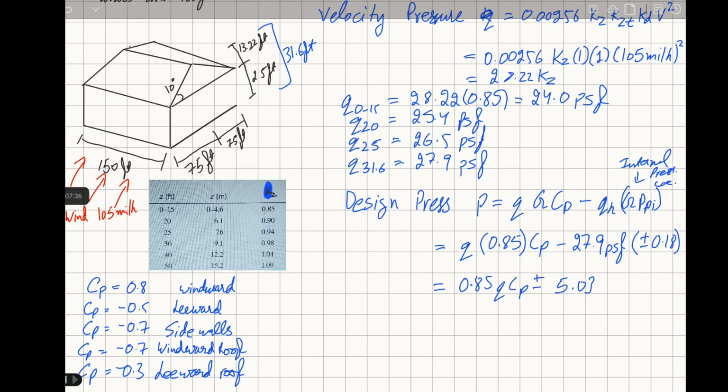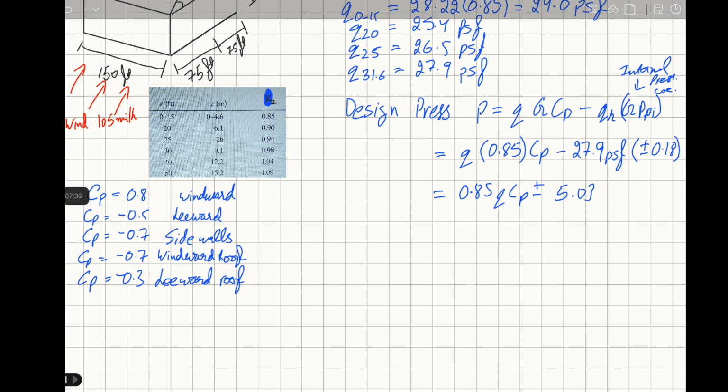And now the fun part. Let's solve the design pressures. First, let's go with the windward wall. We do know that the pressures will be different at different heights, and we can use our given table here to get an estimate of where to segregate different heights.